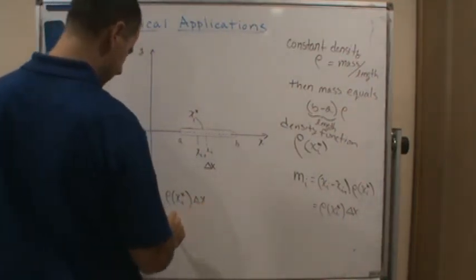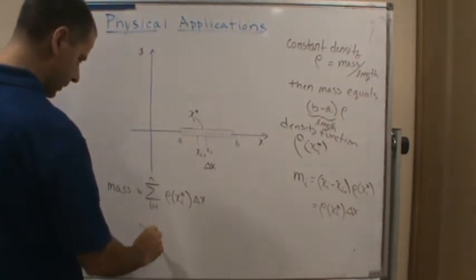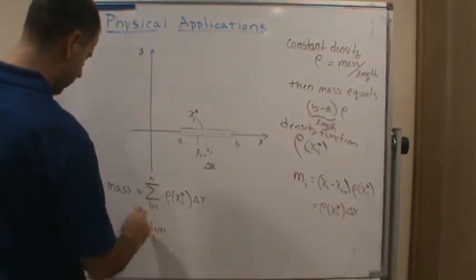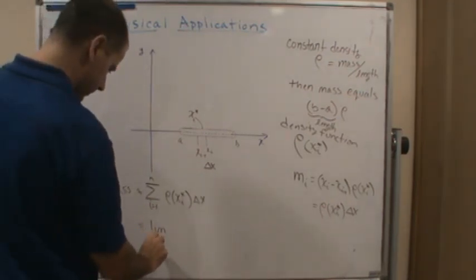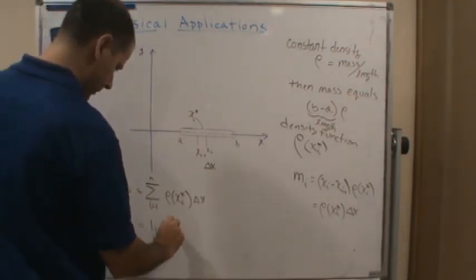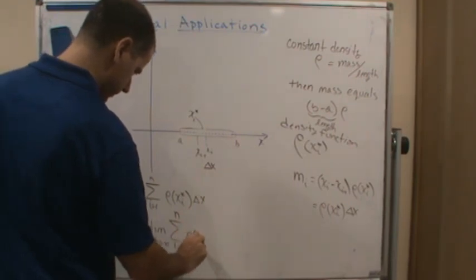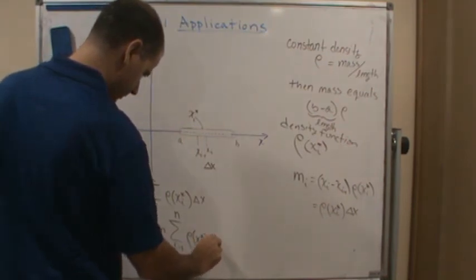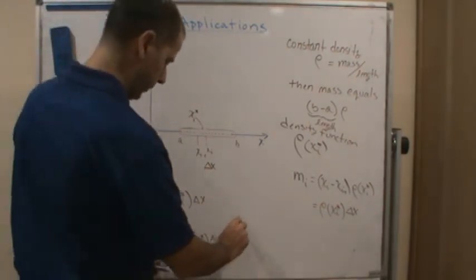And if we take the limit as n approaches infinity of this sum, we get the integral that we're looking for.